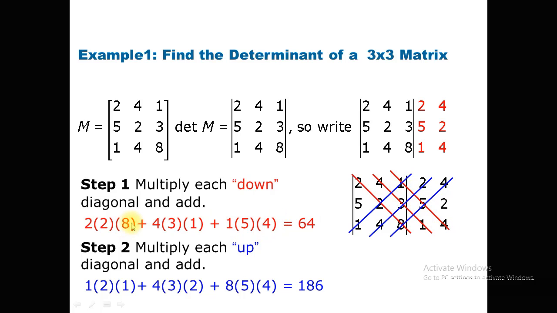So multiply these three numbers and then these three numbers and then these three numbers, and then add, we get 64.